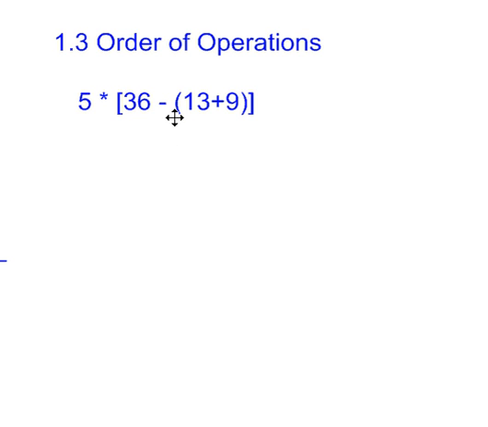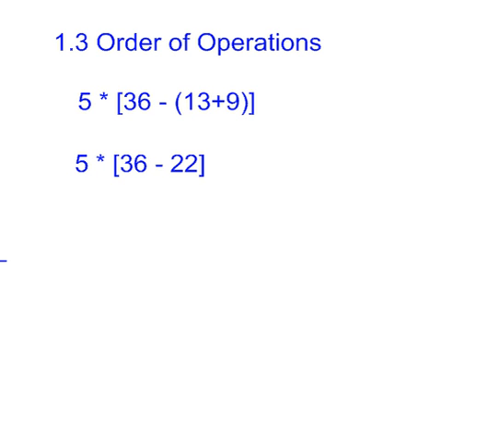They're the same thing as parentheses. So here we have parentheses or brackets, and we want to solve what's inside first. Well, inside, if we use order of operations, we still have to do this parentheses. So we're going to solve what's inside of here first. So 13 plus 9, well, 13 plus 10 would be 23. 23 minus 1 would be 22.